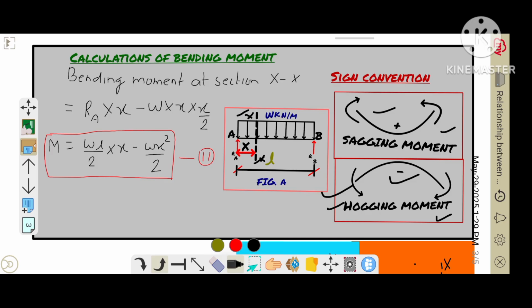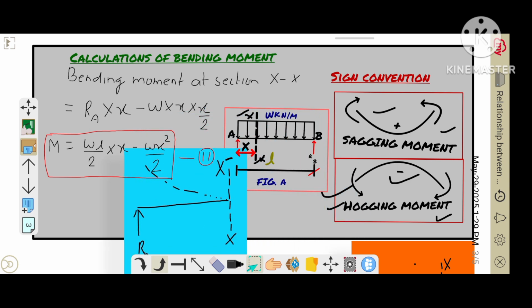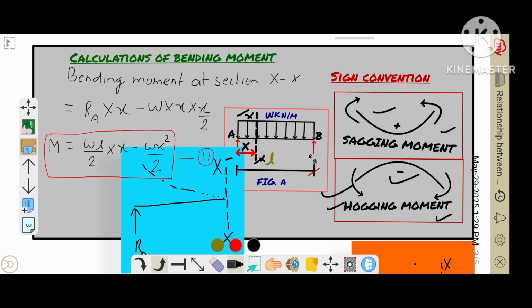The given beam is this, so we are observing the bending moment at section XX. This force Ra tends to rotate the beam in clockwise direction, and the deflected shape would be somehow like this, as shown in the figure. This is the case of a sagging moment.